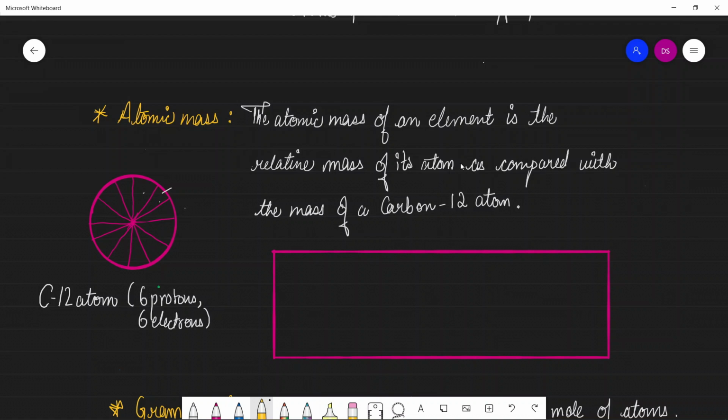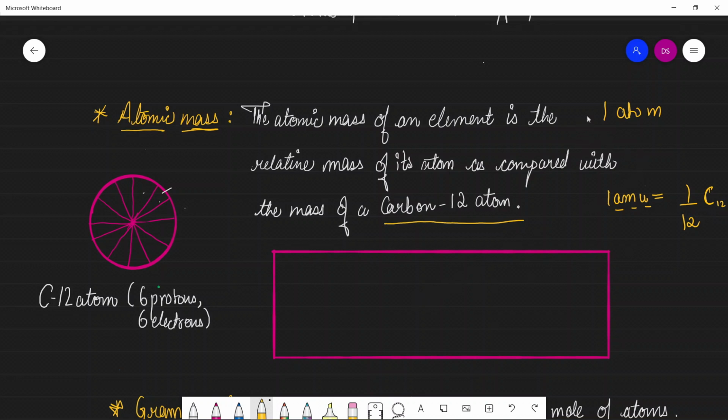First, a very simple definition: the mass of one atom is known as atomic mass. Atomic mass is always calculated in comparison to the carbon-12 atom. 1 AMU, 1 atomic mass unit, is nothing but 1/12 of the carbon-12 atom.